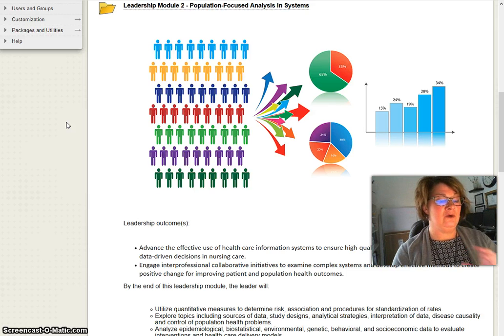We're going to look at some of those systems that are in place and examine the effectiveness of those systems, and also look at some potential as far as what your focus is going to be for your proposal for your population health project. So this is the foundation of really doing that assessment piece and looking at what is really relevant.